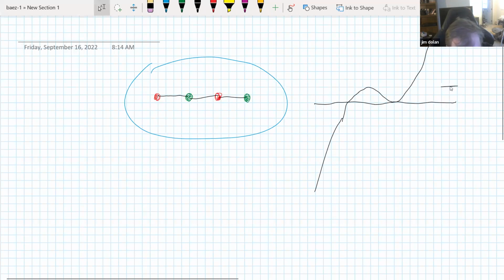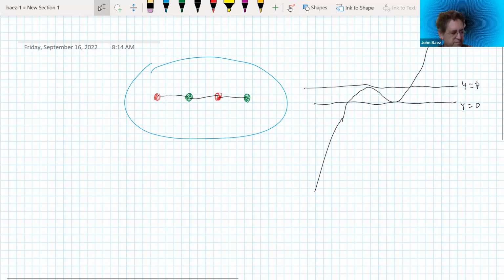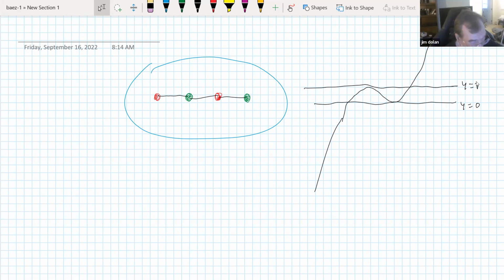So this is supposed to be y equals 0, and this is y equals 1. And so the next one would be like this.